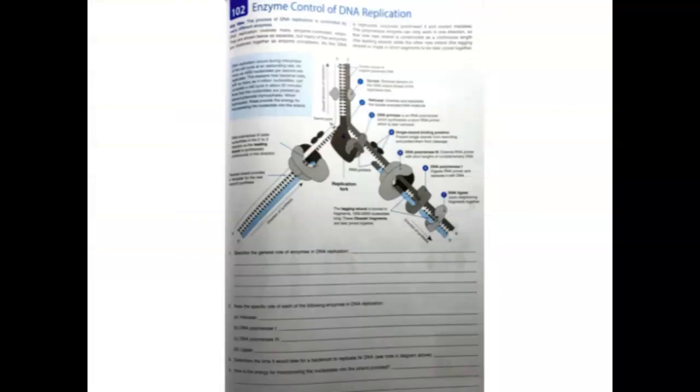And then for page 102, this is showing you all the different enzymes that control DNA replication. The only ones that you need to be familiar with are the ones from the previous page that we talked about.